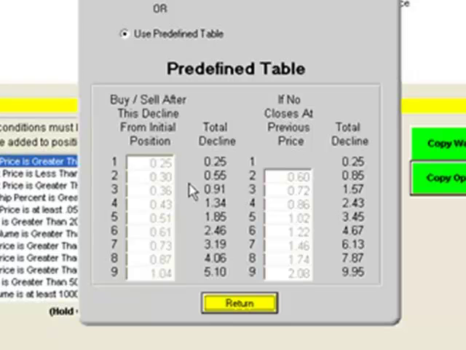If these rules don't all pass, even though the stock went down 30 cents, the automated trader will not buy the stock. All the rules have to also pass. So the price has to decline sufficiently, and all the rules have to be true.